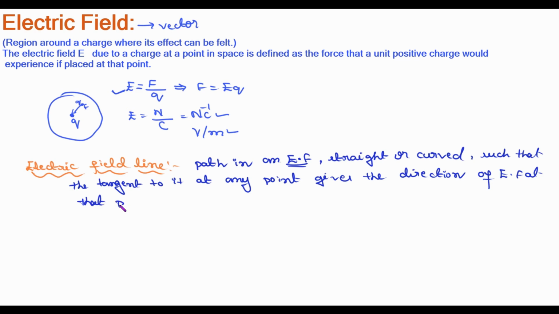So this is the definition of electric field line. It states it is a path in an electric field, straight or curved, such that the tangent to it at any point gives the direction of electric field.